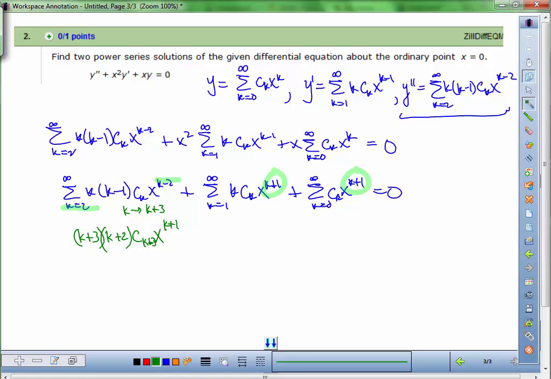So is the inside of this series okay? If it's not, is there a way you can ask the question, like, what happened? I basically replaced all the k's with k plus 3 because that was the amount of shift that I needed to get this to match up. Did that work?